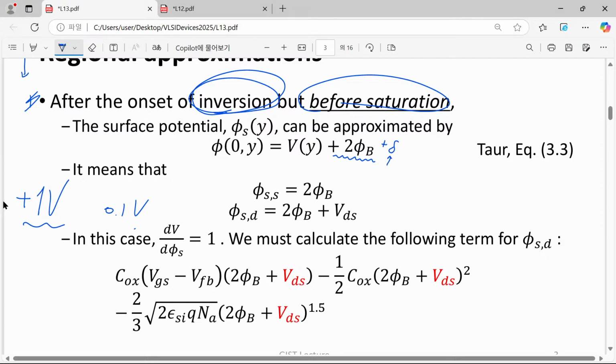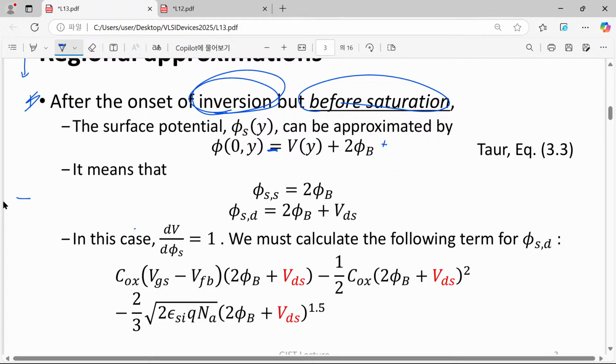We have to consider a little further increase, but that is neglected in this calculation. Okay, are you with me? If we have to introduce the real expression here, then we have to introduce this one. But anyway, this is already an approximated expression.